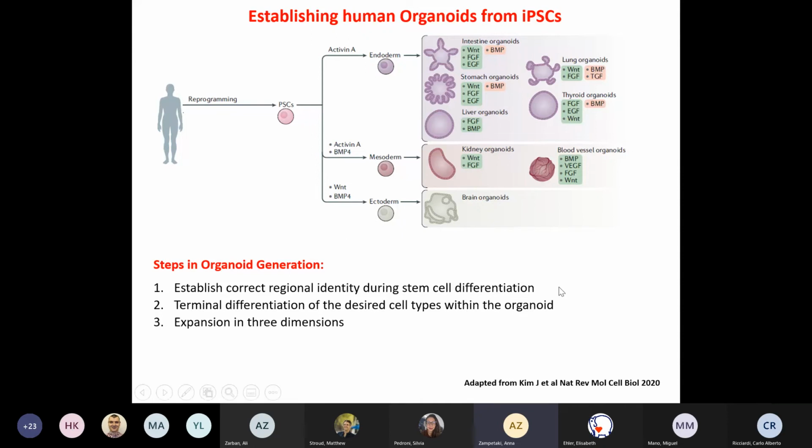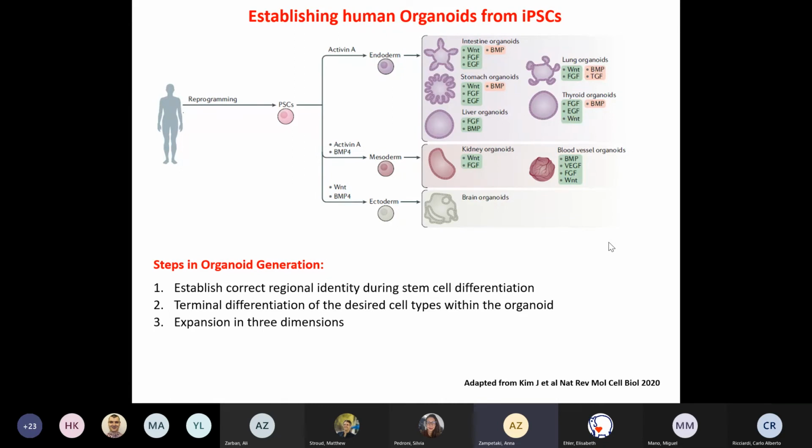So you have, for example, mesoderm to vascular cells.